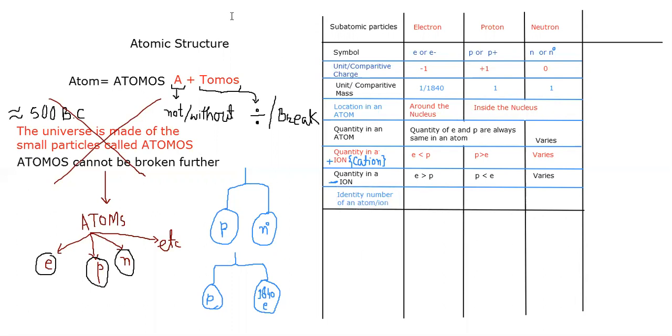The identity of an atom or of an ion is basically the number of protons. This is called the number of protons. This is one of the important things. This number of protons is also called the protonic number or atomic number.